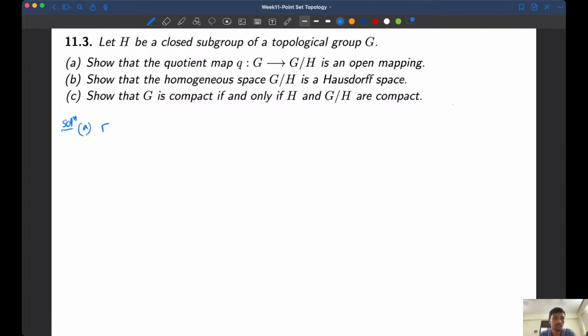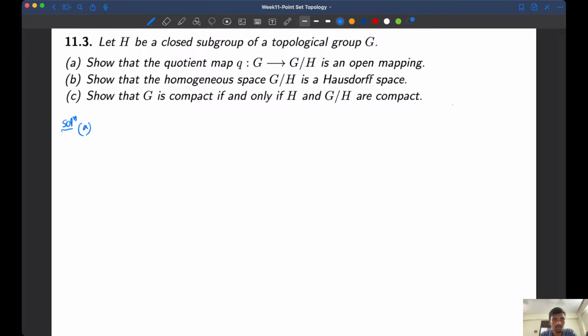Okay, so let's pick an open set. Let U be an open set in G. To prove this, Q of U is open in G mod H, right?